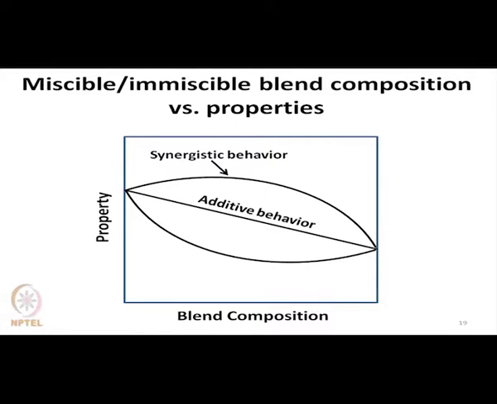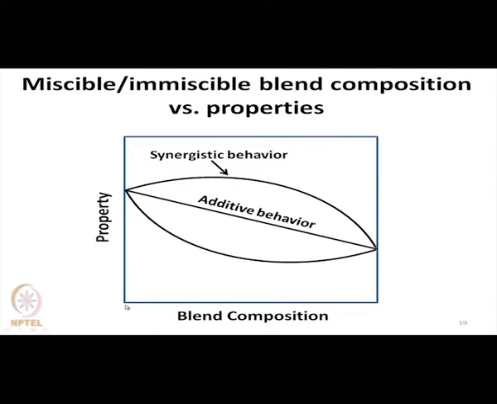Now, let us have a look into this effect of miscibility, immiscibility of blend composition on the properties of that polymer blend. Now, here this is the composition axis, this is the properties axis. Okay.